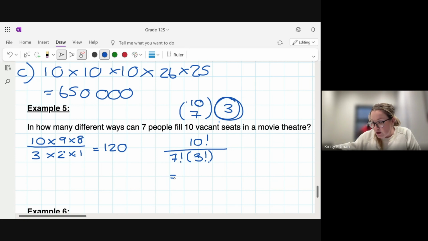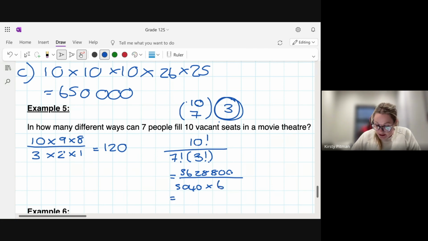Okay, if I go do it the long way on my calculator, because I need to do that because obviously mine is broken, on the top, I'm going to have 3,628,800. On the bottom, I'm going to have 7 factorial, 5040, times by 3 factorial, 6.